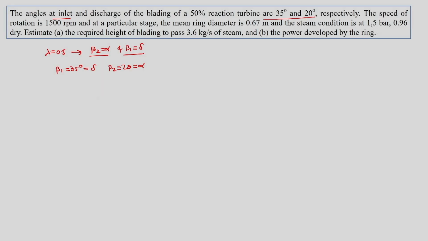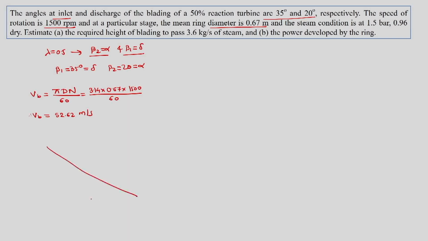We are told that the mean diameter at the height is 0.6 meter and speed is 1500, so VB is equal to pi d n divided by 60, 3.14, d is 0.67 into 1500 divided by 60. So VB for us is 52.62 meters per second.